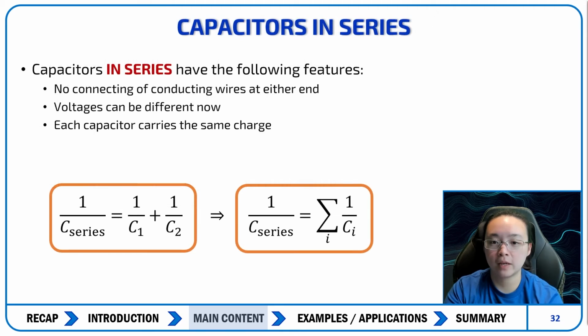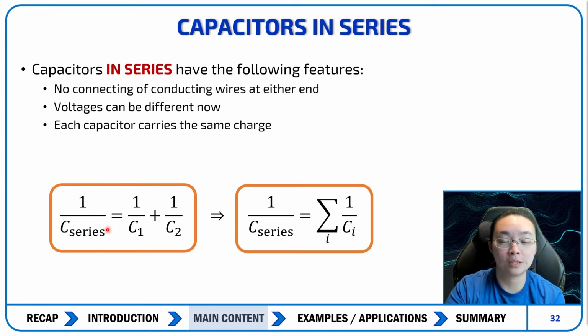So the equation for series capacitance is 1 over the series capacitance is equal to 1 over C1 plus 1 over C2. So you're just summing up all of the reciprocals of capacitance together to get the reciprocal of capacitance in series.